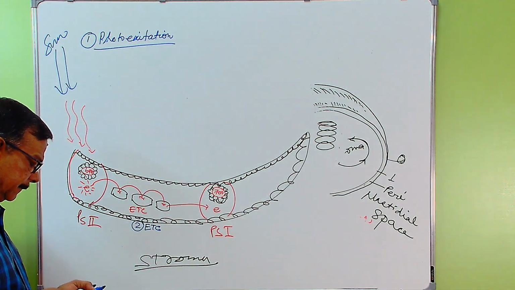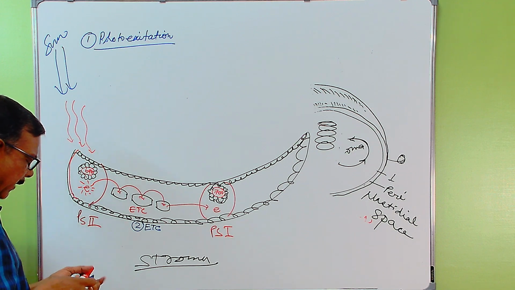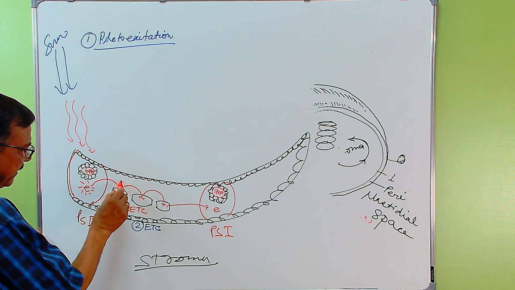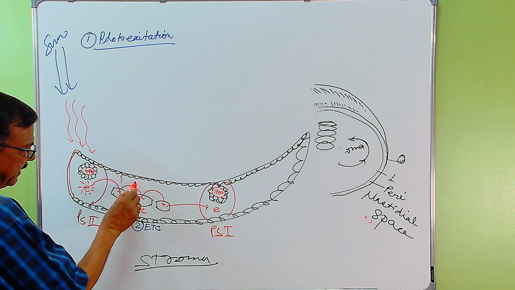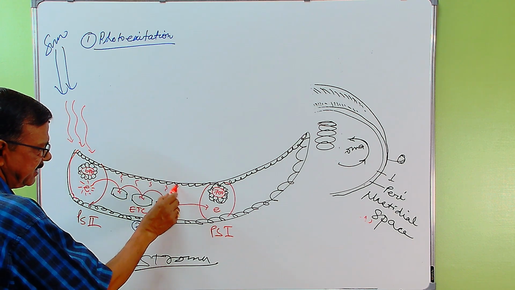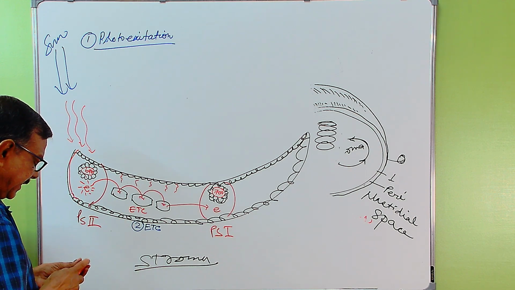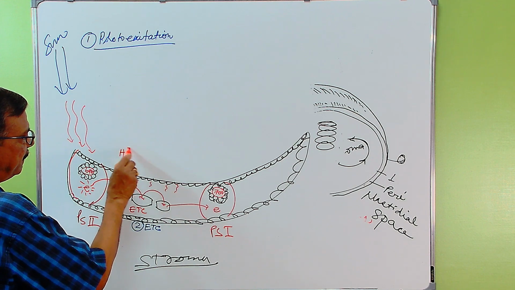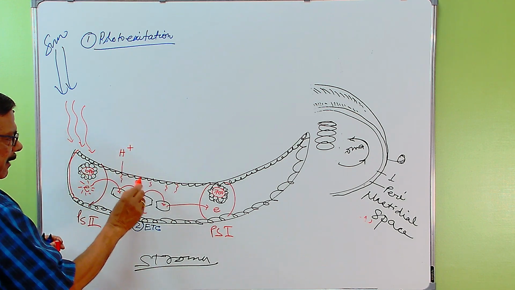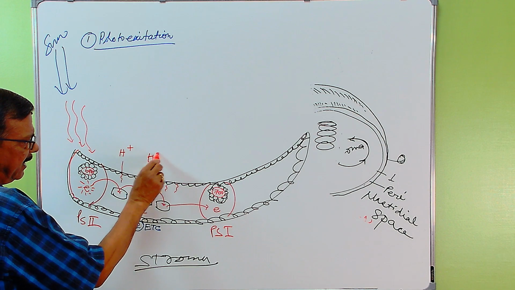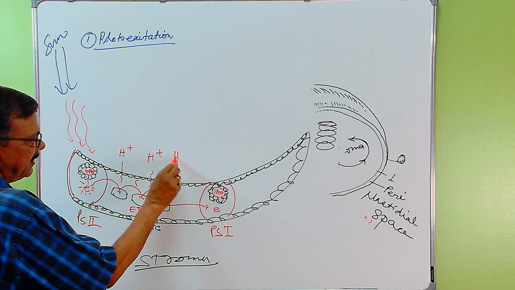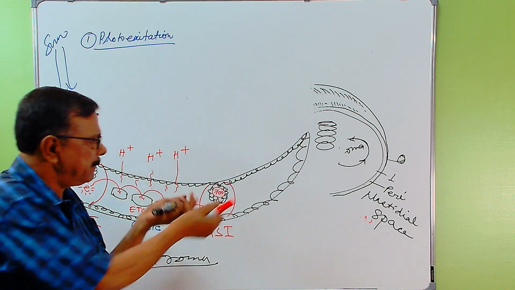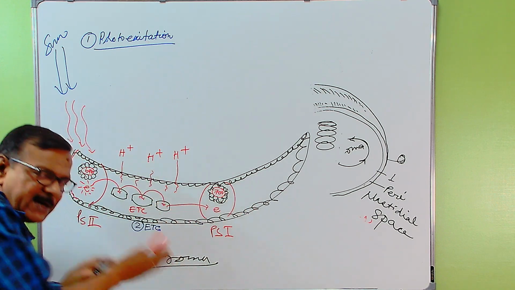And while passing, some energy is liberated here. That energy helps to pump some protons inside the thylakoid, increasing the proton gradient within the thylakoid membrane, because the thylakoid membrane is outside the stroma.